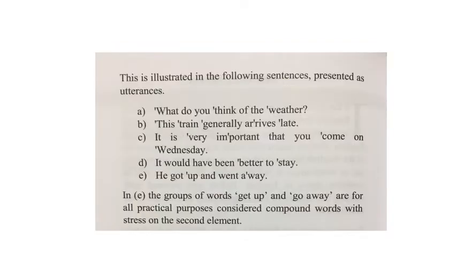Okay, let's have a look at some examples of utterances or sentences and their stress. Okay, what do you think of the weather? What do you think of the weather? So the main words in this sentence are what, think, weather. عندي think هي verb, weather noun, what زي ما حكينا هي interrogative pronoun. okay. طيب بعدين B, this train generally arrives late.